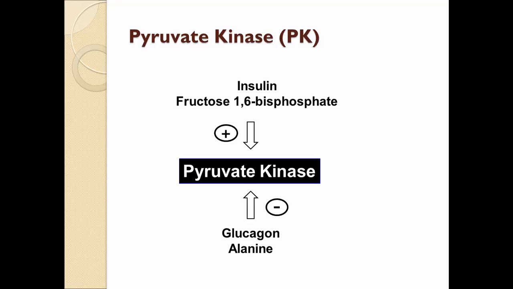So when insulin levels increase or fructose 1,6-bisphosphate levels increase, that will lead to activation of pyruvate kinase and also increased glycolysis. And in the opposite direction, during the fasting condition, when glucagon or alanine levels increase, they can inhibit or decrease pyruvate kinase, so can slow down the glycolysis pathway.